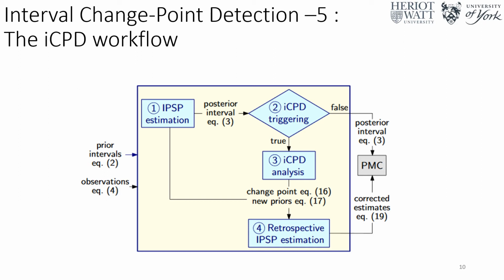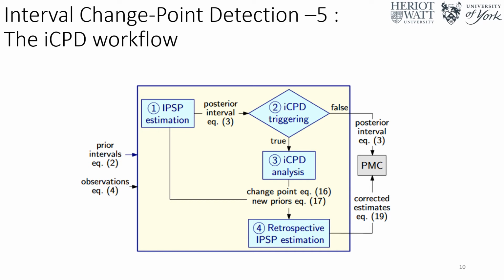First, we start with the IPSP estimator, which takes some prior knowledge and runtime observations. Their exact forms are expressed as equations in the paper, and the same for other information flowing in this workflow. The IPSP estimator at step 1 generates interval estimates, and we monitor the interval width to see if there is a prior data conflict at step 2.